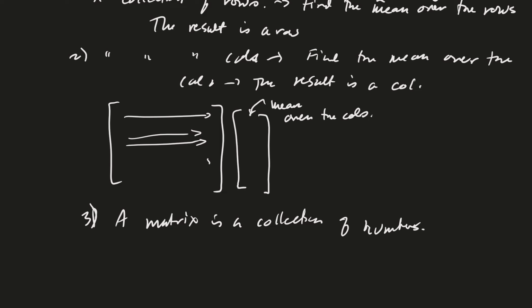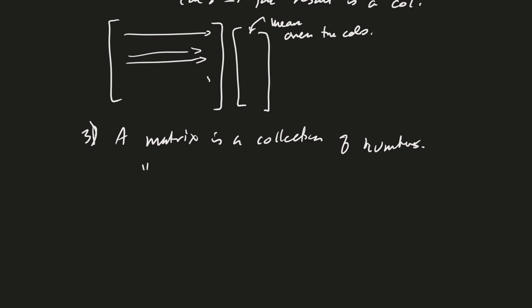And in that case, you could compute what's called the grand mean. That's just treating the matrix as a collection of numbers.